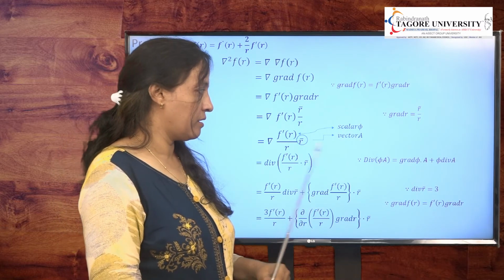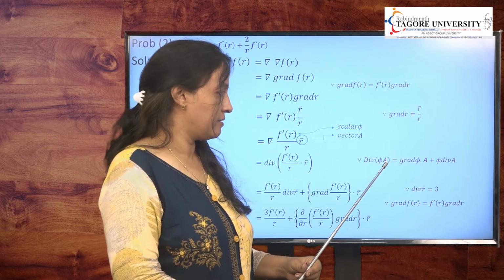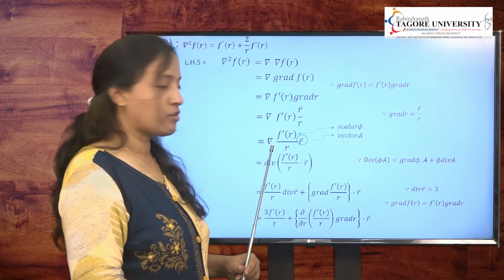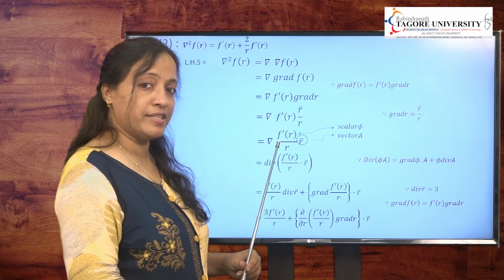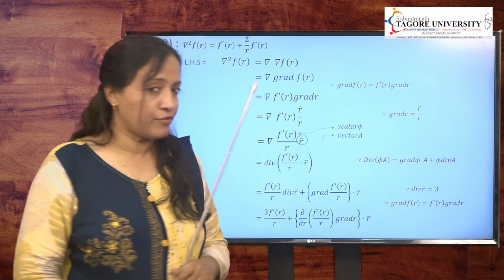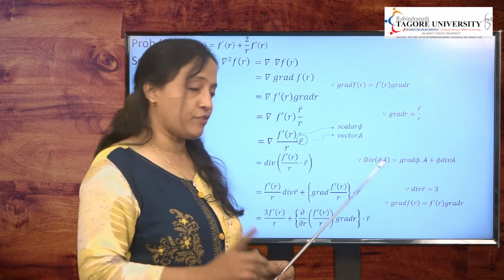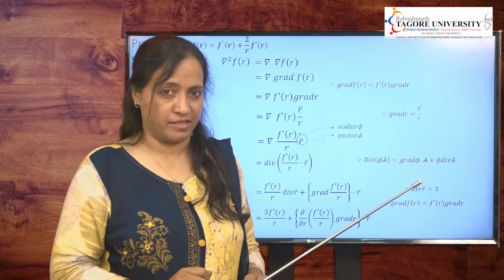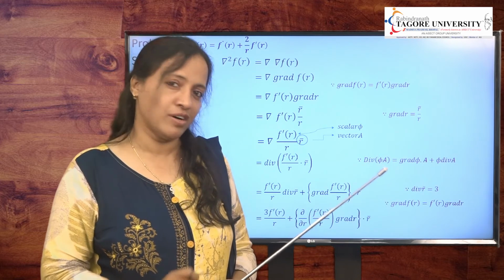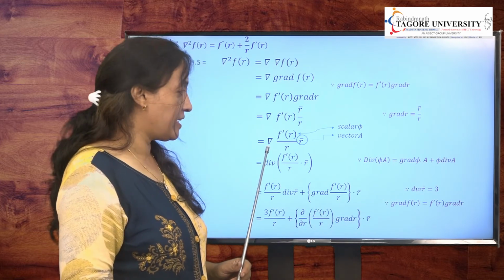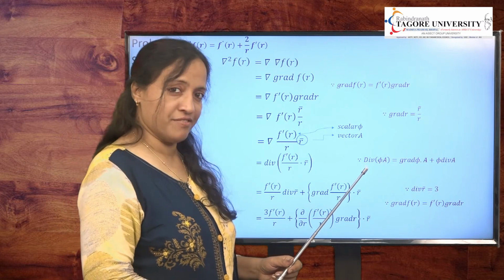Apply the formula div of phi a. Why div? Here cross is not there. That's why we are using div for it. And for gradient we are not using it, because there is a formula for scalar and vector: either we may use div or curl. That's why we are taking this operator as div.